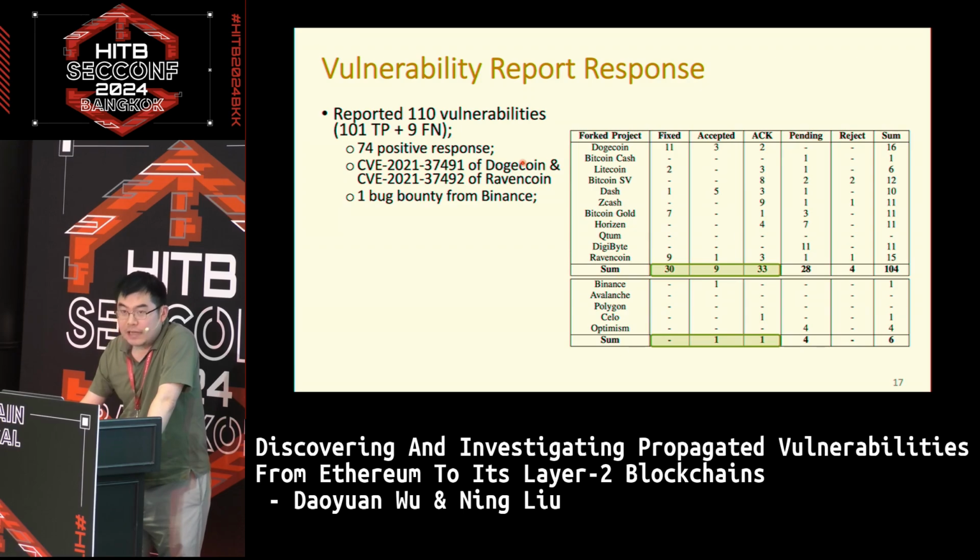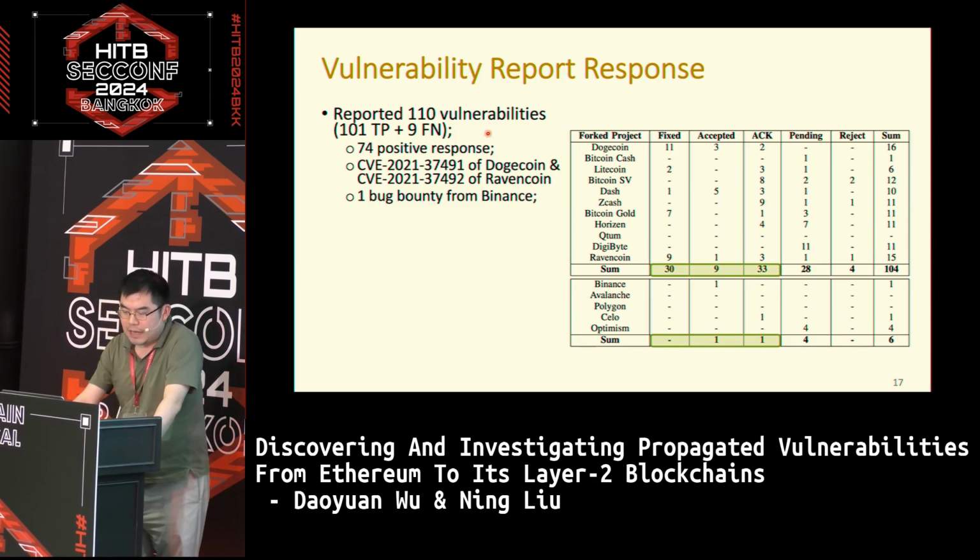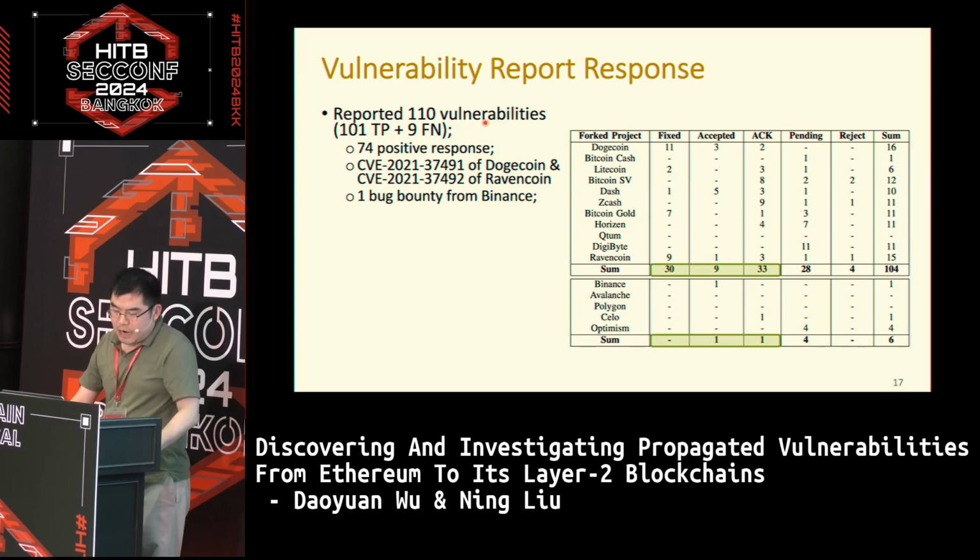Besides this vulnerability detection, we also actively report those vulnerabilities to the blockchain vendors. In the paper, we reported a total of 110 vulnerabilities to different development teams. We received 74 positive responses. Dogecoin even assigned a new CVE for its case, and also Ravencoin.